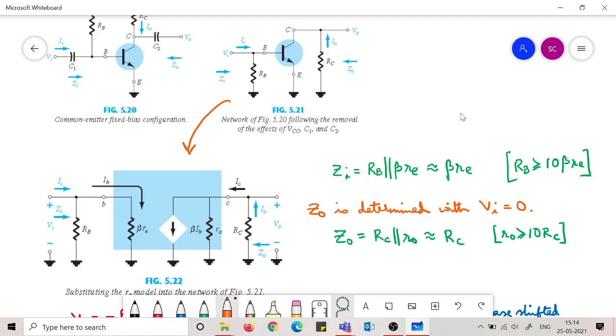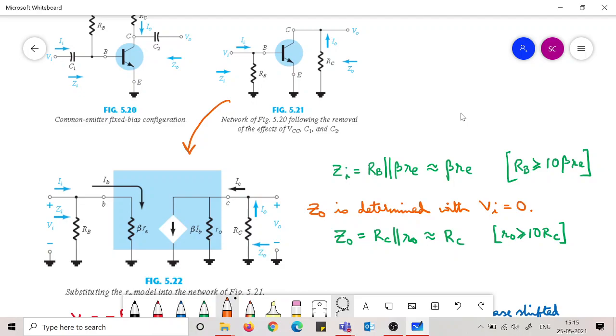I hope you understood all these points, how this beta re came in the picture, how this current source came in the picture, and the direction of the current source, that r0 is the output resistance of the transistor only, not the network, and after this the network's output resistance comes.